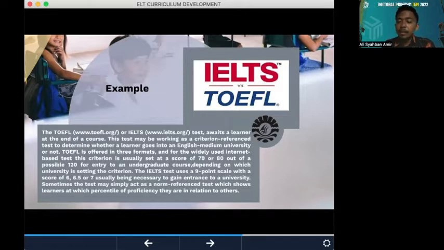The IELTS test uses a 9-point scale, with a score of 6, 6.5, or 7 usually being necessary to gain entrance to a university. Sometimes the test may simply act as a norm reference test, which shows learners at which percentile of proficiency they are in relation to others.